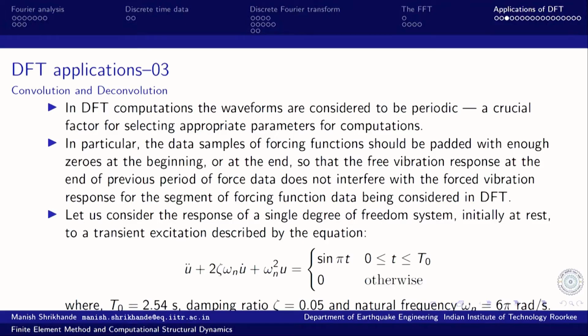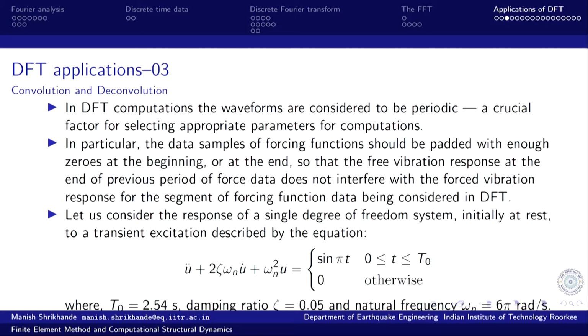So, t naught we consider as 2.54 seconds, the critical damping ratio is 0.05, and the natural frequency of the oscillator, omega n, is considered to be 6 pi radian per second.